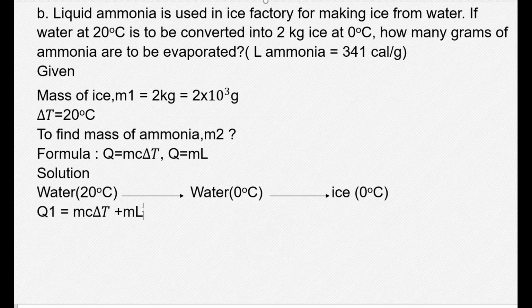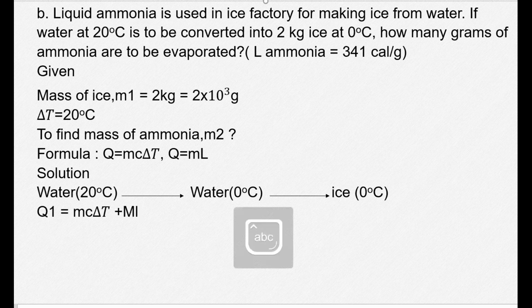Here both the formulas will come because 20 degrees Celsius will get converted to 0 degrees Celsius, and then 0 degree water will get converted to 0 degree ice. Therefore, the heat lost Q1 is equal to mc delta T plus ml.